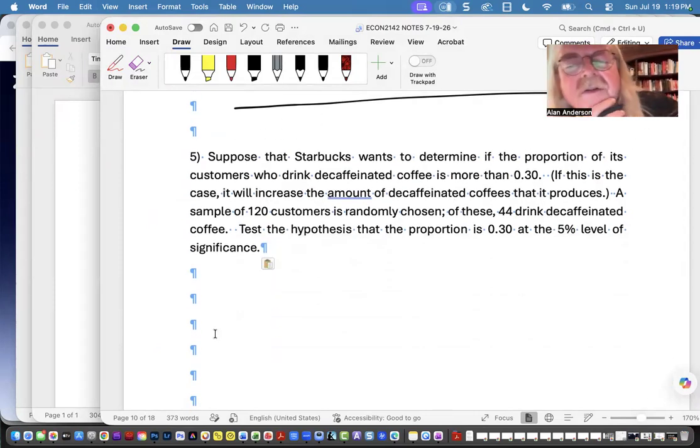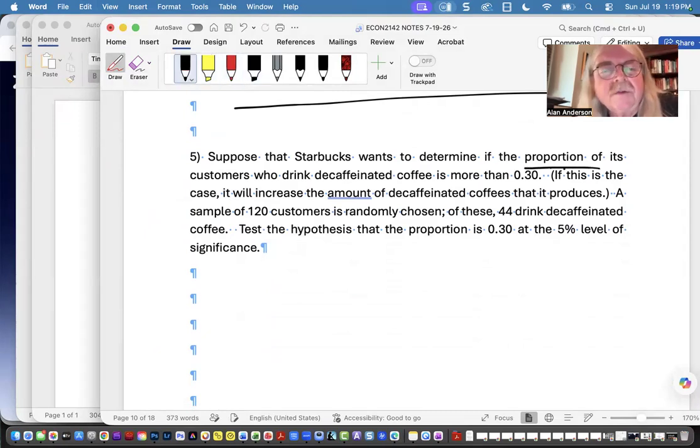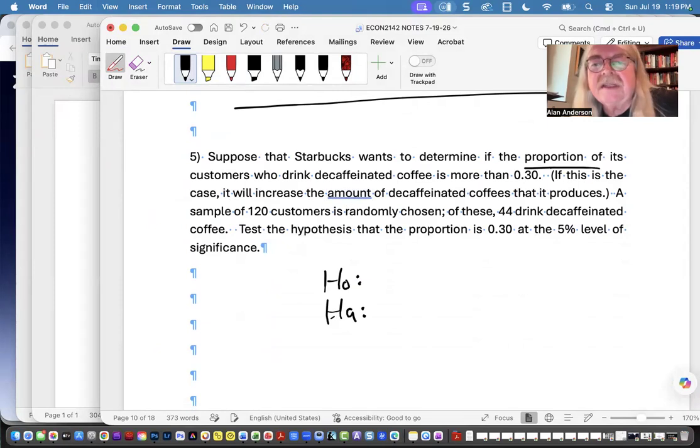So Starbucks wants to determine if the proportion of its customers who drink decaf is more than 0.30. So already we know it's a right tail test. If this is the case, it will increase the amount of decaf that it produces. Of course, they're worried about running out. You don't want to run out of the product.